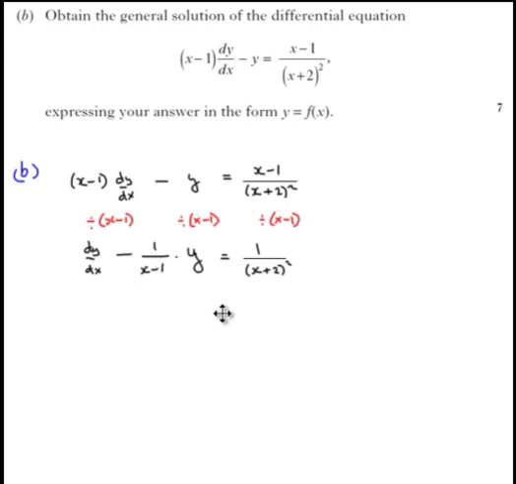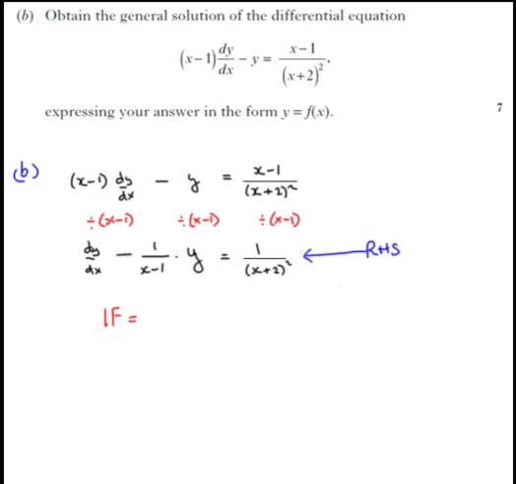If we now look at this, we see that this is the form of an integrating factor type differential equation. We've got dy by dx and then a function in x times y is equal to a function in x on the right hand side, and I'll label this the right hand side because we'll be using it later. To find the integrating factor, we find e to the integral of what's in front of the y here.